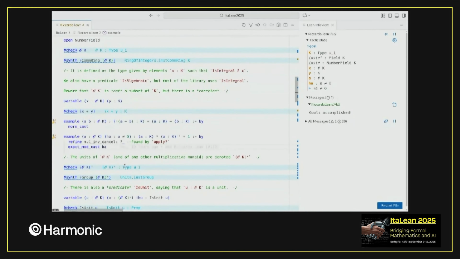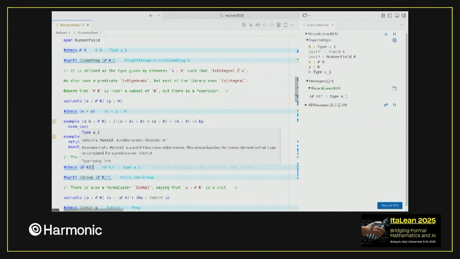Okay, so now let's move on to the units. In number theory, another very important object are the units of a number field, so the invertible elements of this ring. And in Lean, if you have any ring, actually any monoid, you can just write exponent x to have access to the units.